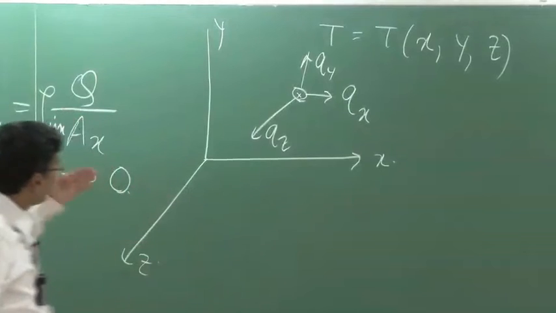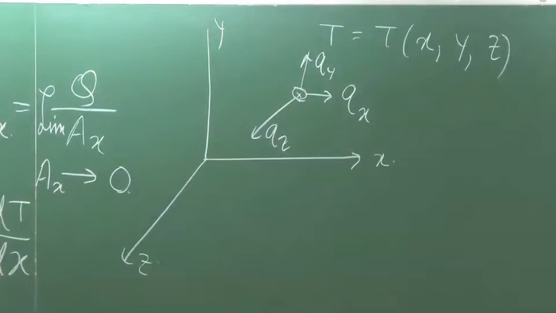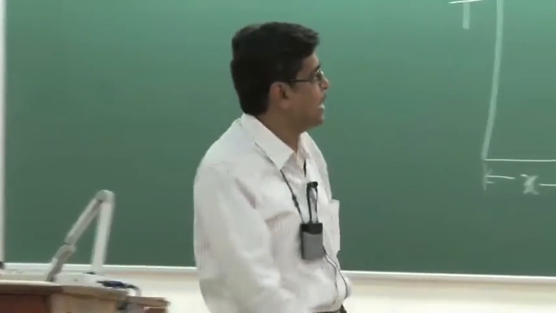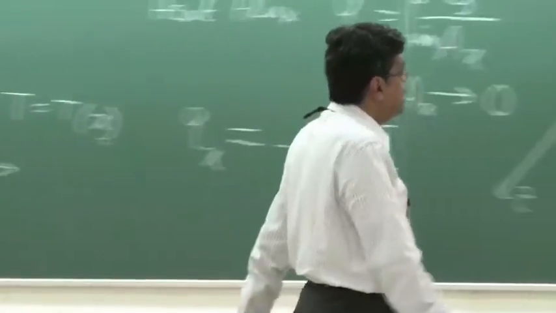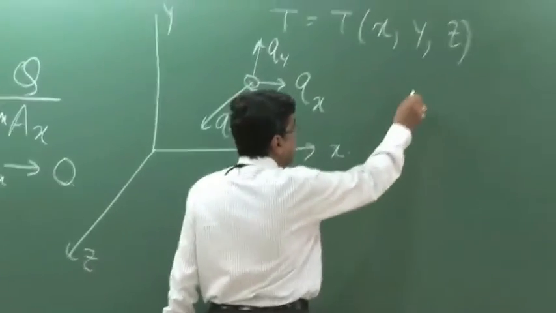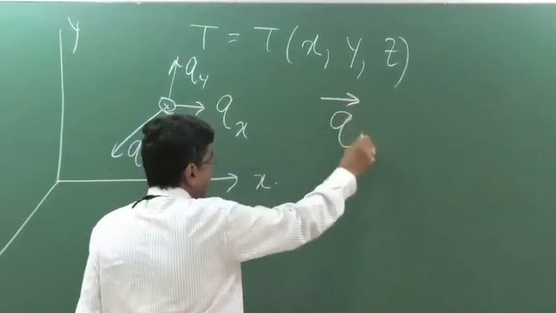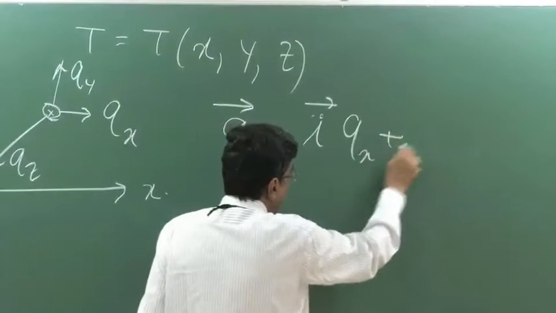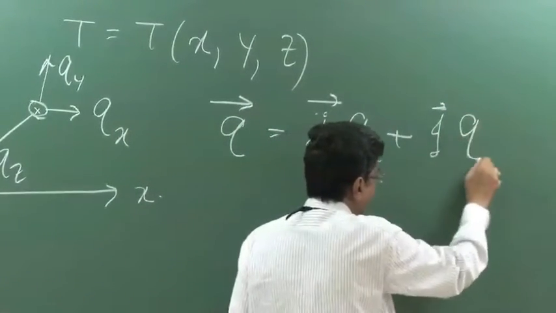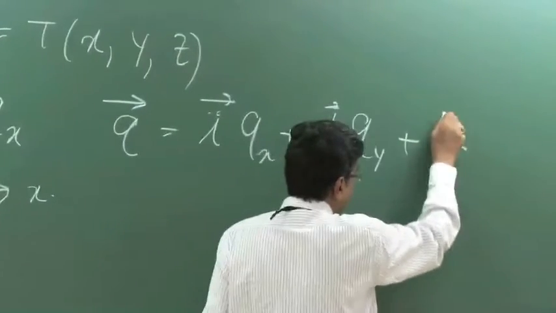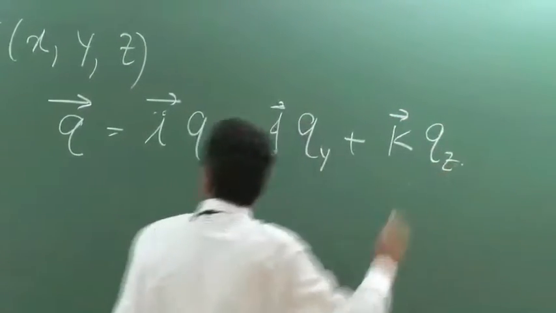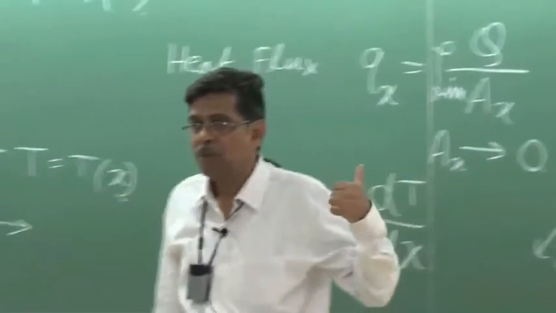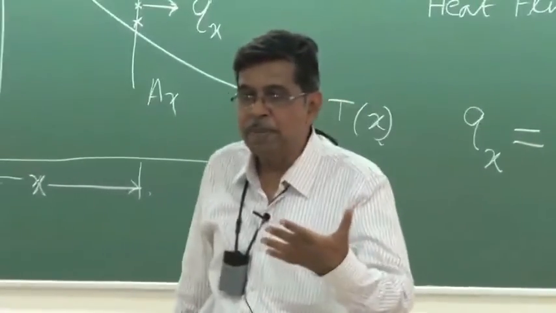That means these are the respective heat flows per unit area normal to that direction, say the limiting value as the area tends to 0. And in that case, Q is represented as a vector Qx i plus Qy j plus Qz k, where i, j, k are the unit vectors along x, y, z directions with respect to a Cartesian frame. Well, Q is represented as a vector.